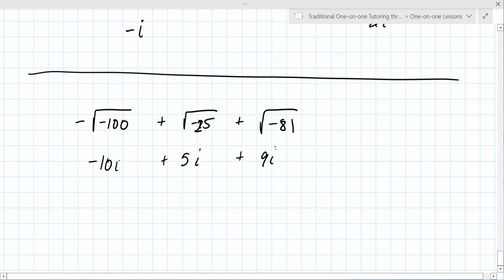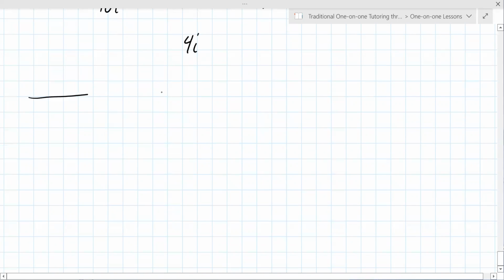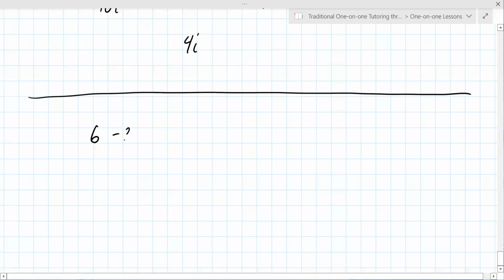Yes, 4i, perfect. Okay, let's go back briefly to a problem like this: 6 minus 3i minus the quantity negative 3 plus 9i. And this would just say to simplify. Do you recall how to do problems like this?